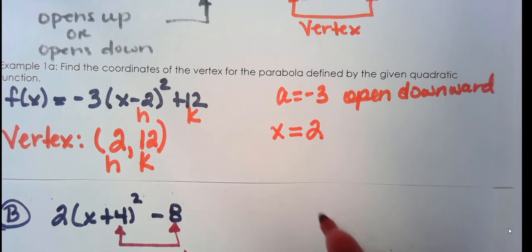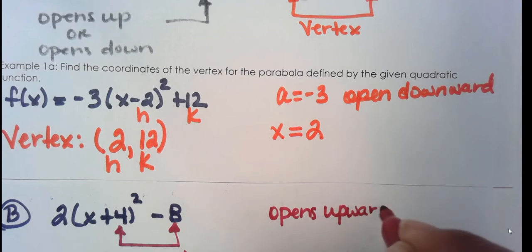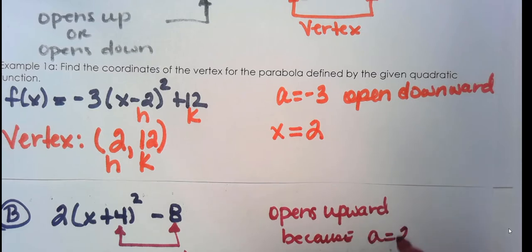This parabola will open upward because our a is +2. And then our axis of symmetry will be x is equal to -4.